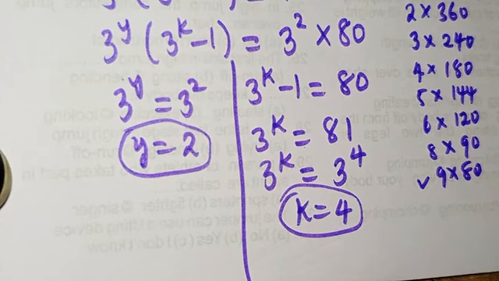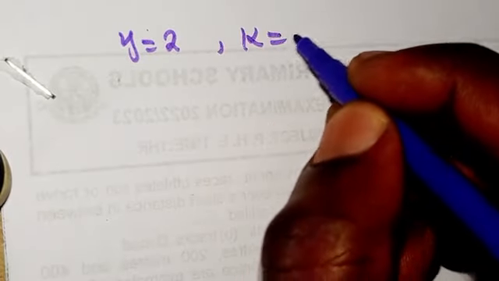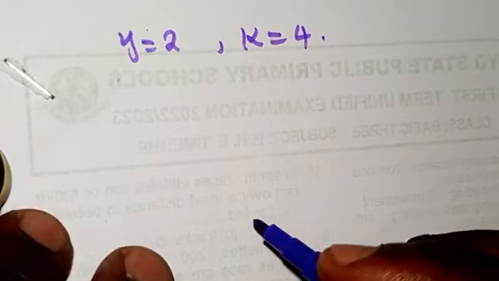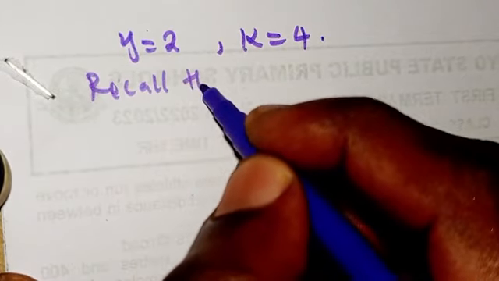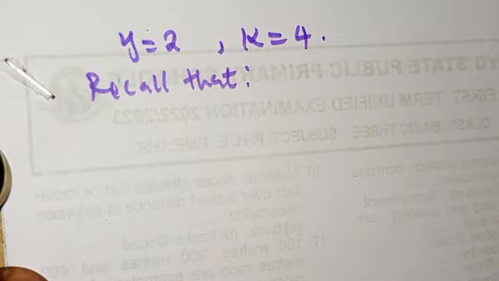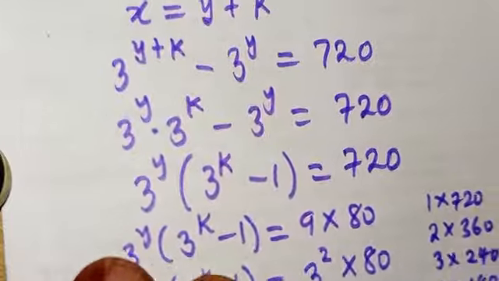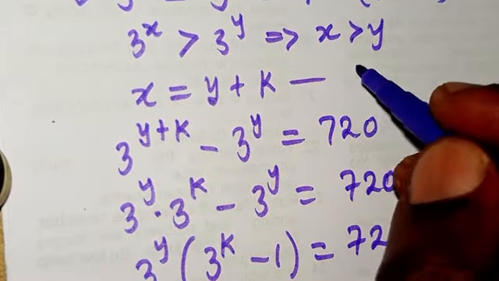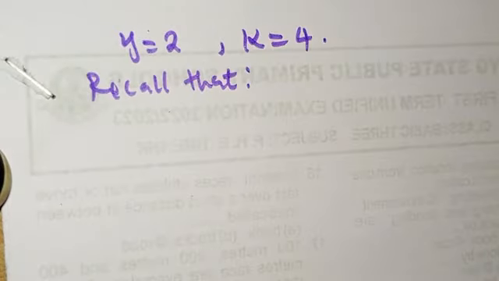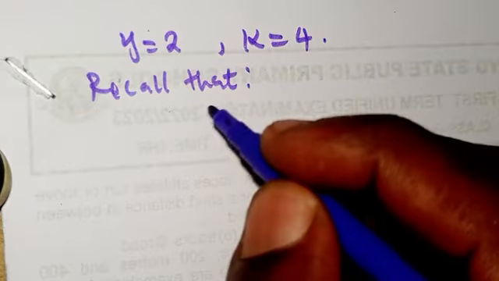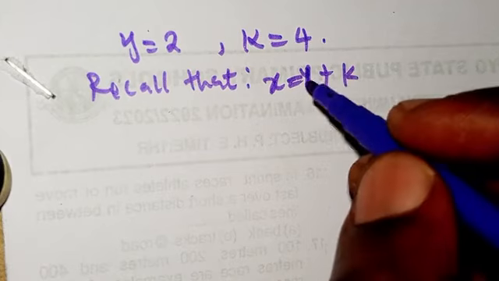So now we move on. It has stated that y equals 2 and k equals 4. So now we need to recall that we've stated somewhere that x is y plus k.